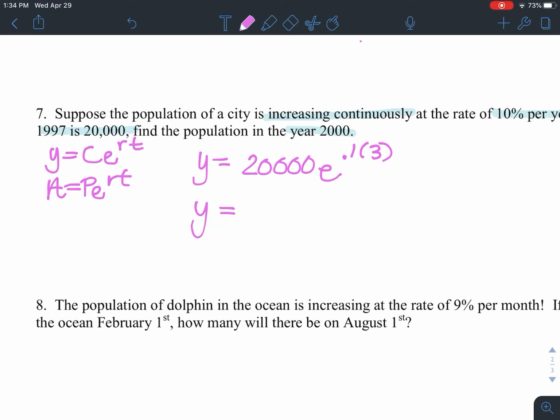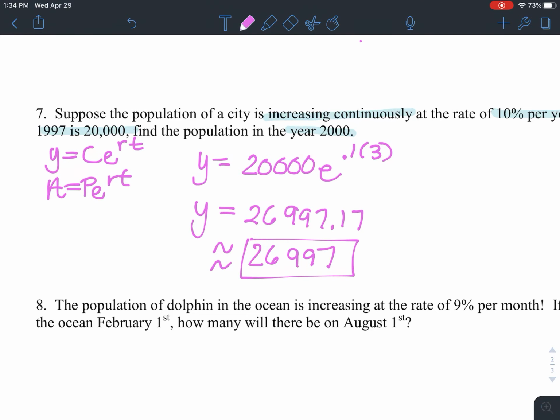Population, should you have a decimal? Do you have a point 4 of a person? Not at all. So once you calculate it, you get 26,997.17. So essentially that is 26,997 people.